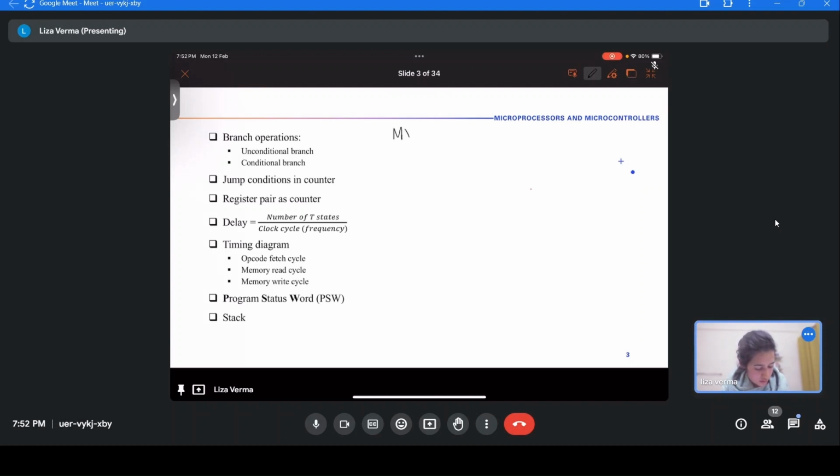So the code is MVI A, 45H, and since you know this is a 2-byte instruction, the corresponding code for MVI A is 3E.